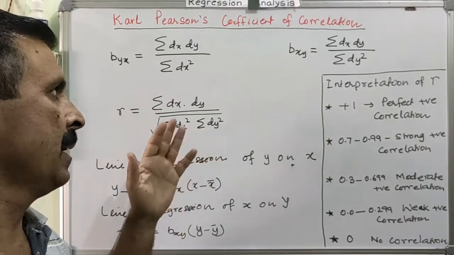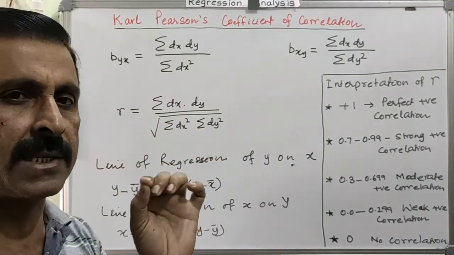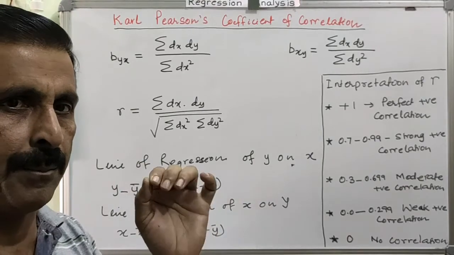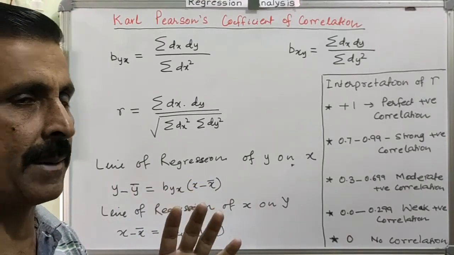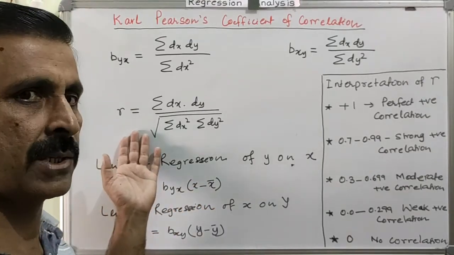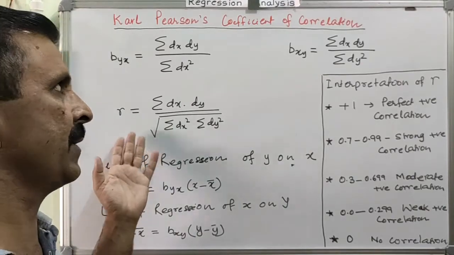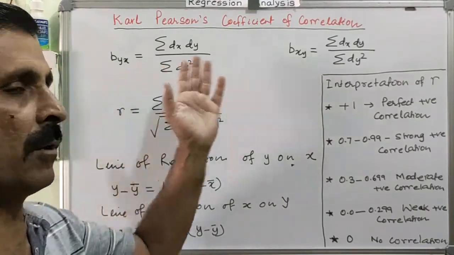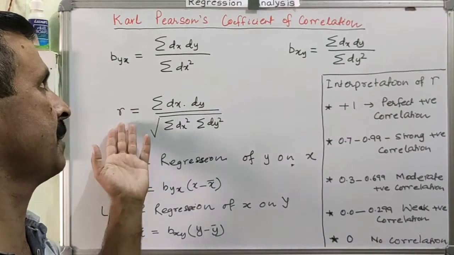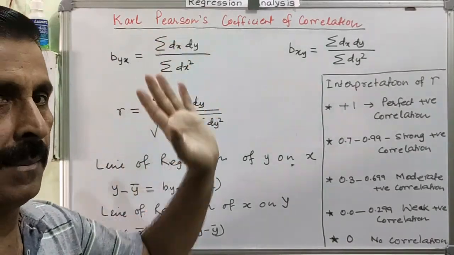Is this very clear? Otherwise, there will be a slight difference in the answer. The difference will come in the decimal point. Okay, so that is acceptable, but I still suggest you go for this method when you are calculating the regression coefficient or the correlation coefficient by the Karl Pearson method.